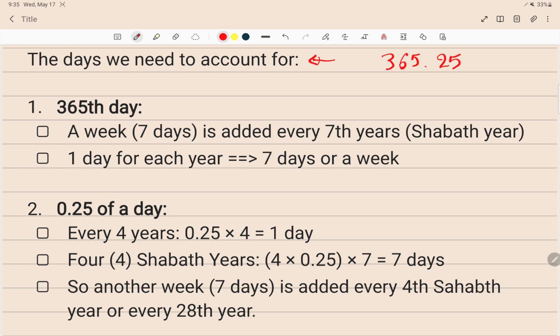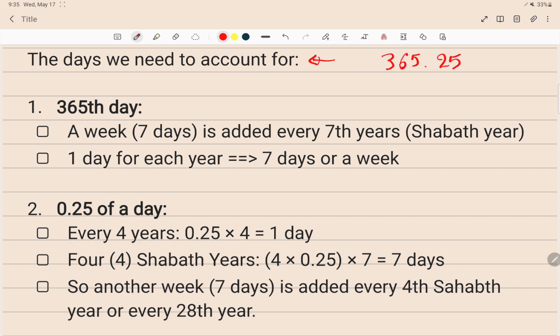So in this calendar, the way you account for the 365th day is by adding a week, or 7 days, every 7th year. And that's what it used to be called, or if you read the Dead Sea Scrolls or the Old Testament, it's a Shabbat year. It means every 7 years. Everything is a multiple of 7.